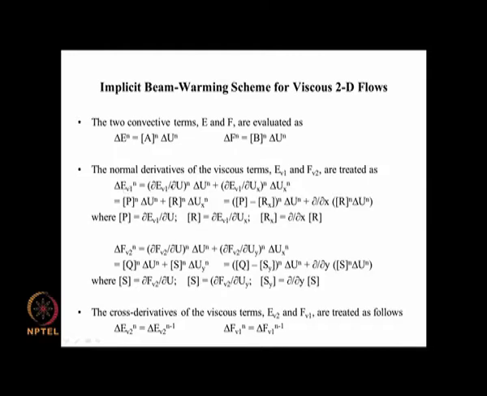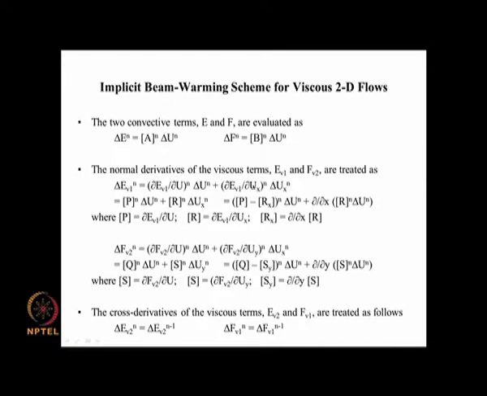Even these are functions of u. So you have dou EV1 by dou u at the nth time step, so this is the lagged nonlinearity and coupling of the part which depends on u, and then you have dou EV1 by dou u x times delta u x, where x denotes the derivative with respect to x.